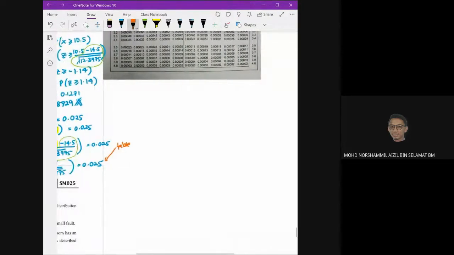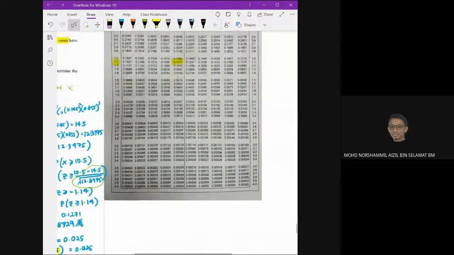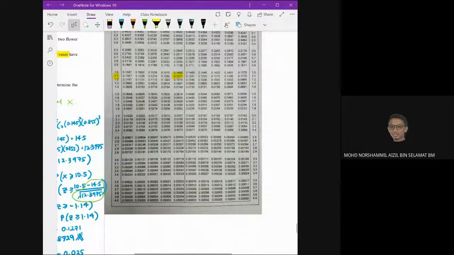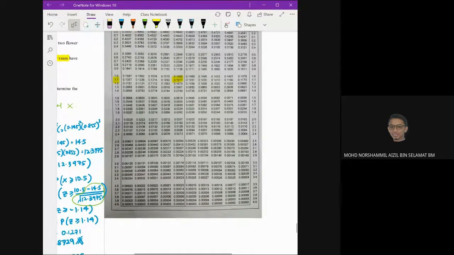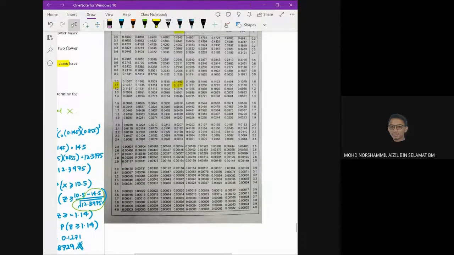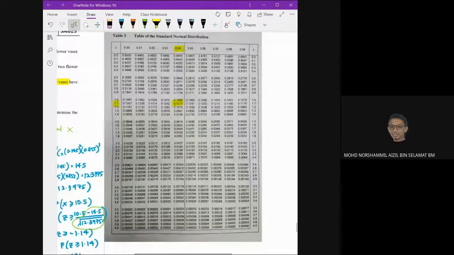So what do you get? 0.025. Nampak kat mana? Saya nampak dah. Nampak tak? 0.025. Ni kan? 1.9. So 1.96.